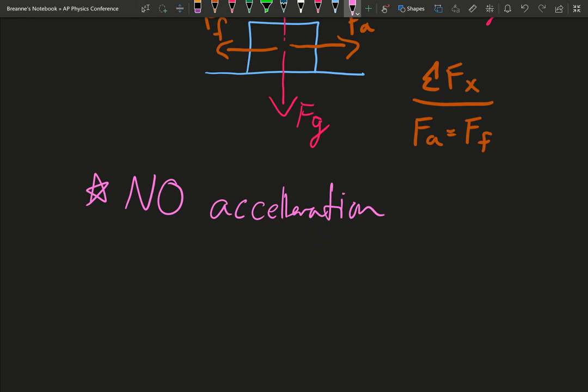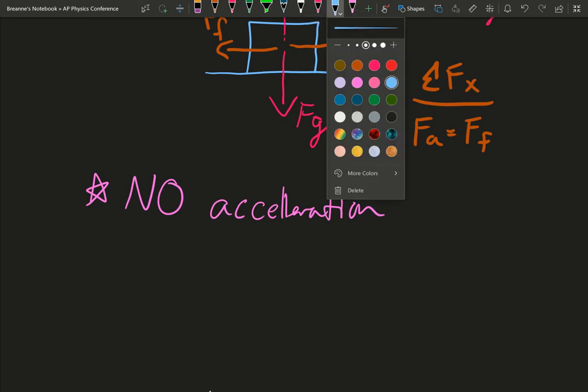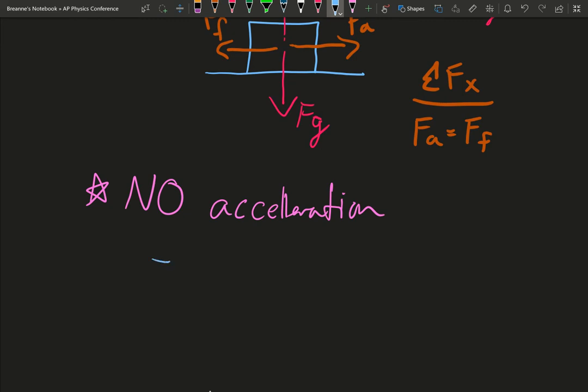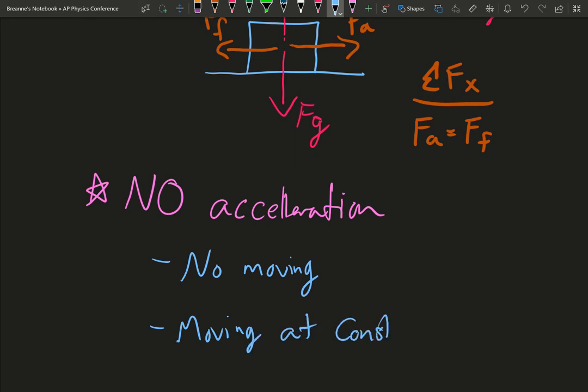That means there's no acceleration. So if there's no acceleration, we have two options. The object is either not moving or it's moving at constant velocity.